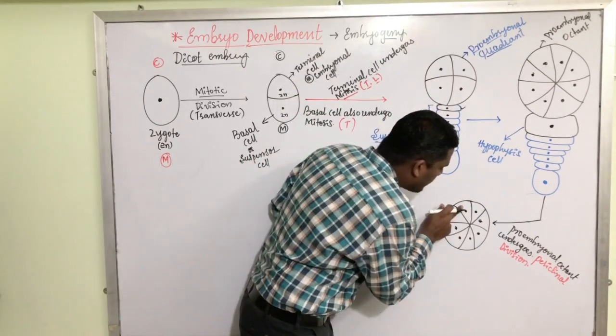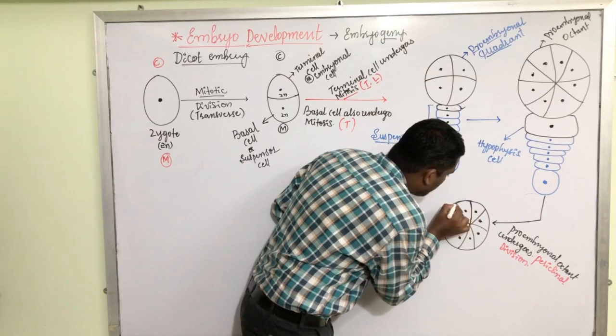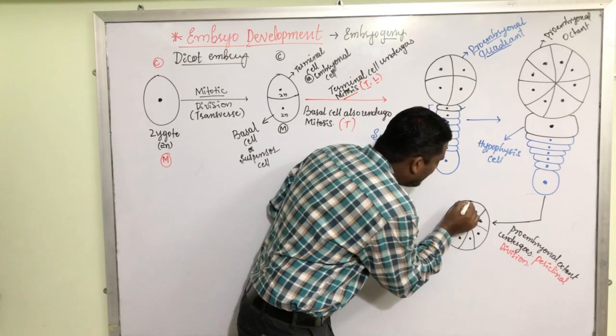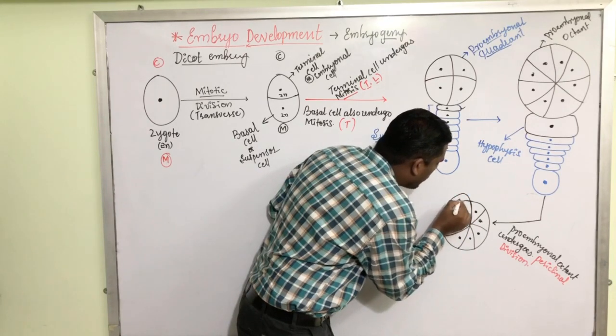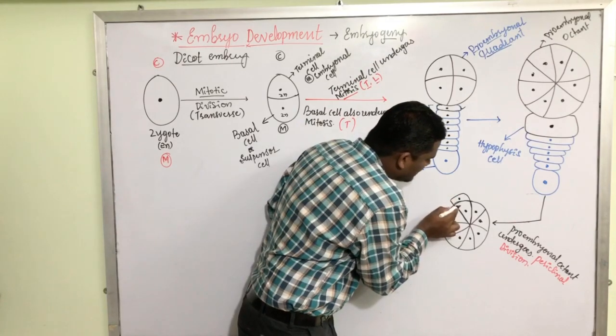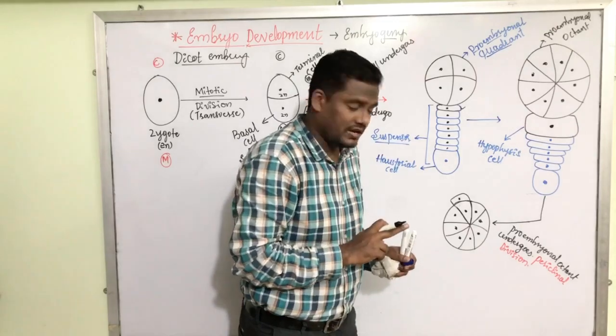Suppose if this cell divides, it results in the formation of 2 cells. 1 cell is added inside and the other cell is added outside. This cell is added outside and this cell is added inside. This type of division is called periclinal division.